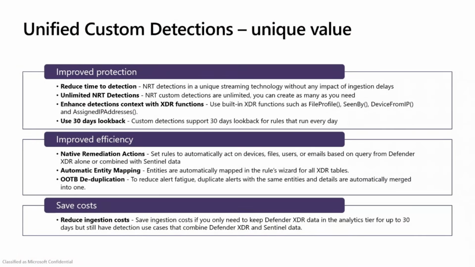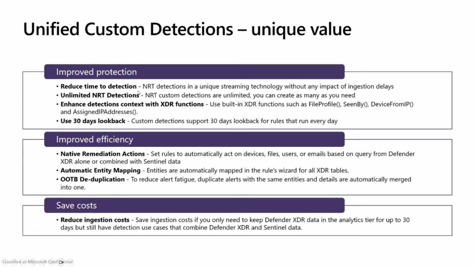As you can see, this is a dense slide with many details, but as I see it, everything here is very important and valuable to you. So we'll take it slowly, one by one. I've also divided the benefits into 3 buckets. The first one is how custom detections improve your protection. The second one is how it improves your efficiency. And the last one is how custom detections help you save costs. So let's start from the top.